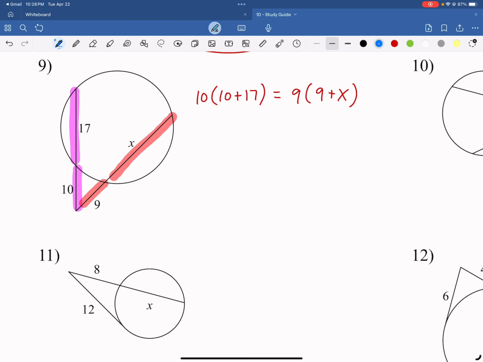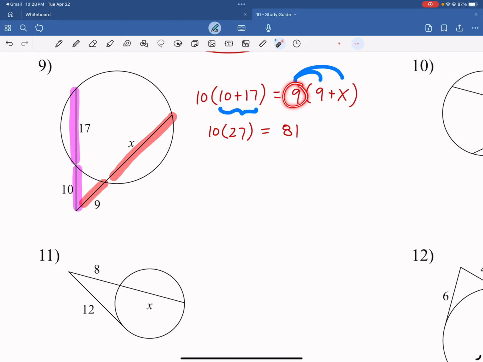Distribute where you can. I think the right side you can distribute because it's a variable, right? On the left side, you can distribute, but it makes things a lot harder. So if they're all numbers, just simplify it, right? So that's going to give you 10 times 27 is equal to, again, if we distribute, those two become 81.